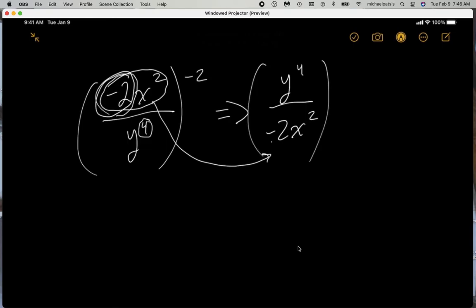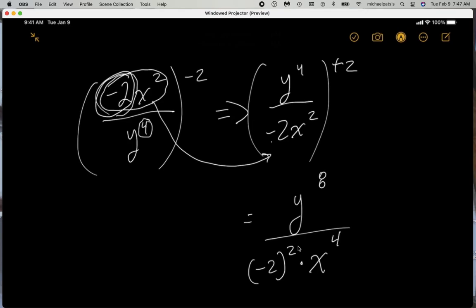Now, after we flipped what's inside, we change the sign to positive, and now we simply apply the power rule. Making sure we apply that +2 to every entity involved, every term involved.